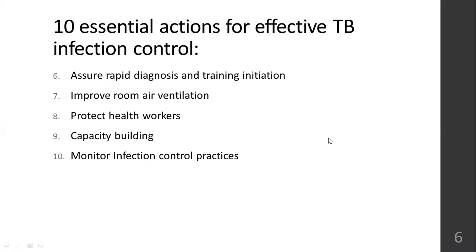Capacity building is the 9th step, which means you are increasing the number of healthcare workers to deal with TB. How? Even though you have limited staff, you can encourage medical students, nursing students, and physiotherapy students to contribute towards TB healthcare. You can seek their participation in community health programs, village campaigns, any campaign work, any NGO work.